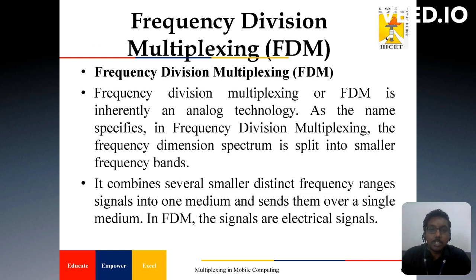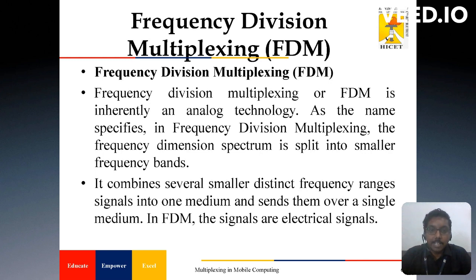So what is frequency division multiplexing? In this multiplexing, the spectrum is divided along the frequency dimension. The spectrum is split into small frequency bands, and several distinct frequency range signals are combined and sent over a single medium.